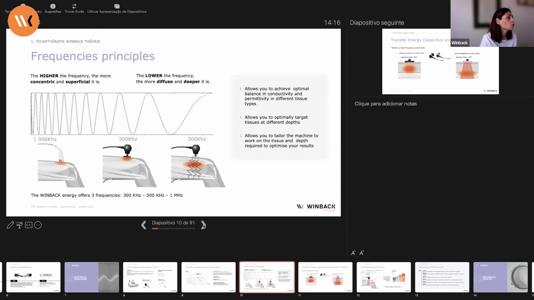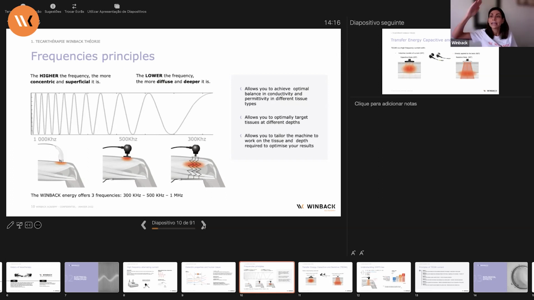Okay. So about these principles, how will we work? We have different types of electrodes, and the different types of electrodes work in different frequencies. In the first one, 1000 kHz, you have the multipolar electrode that works specifically superficially.